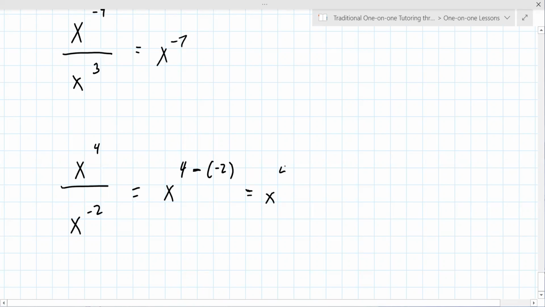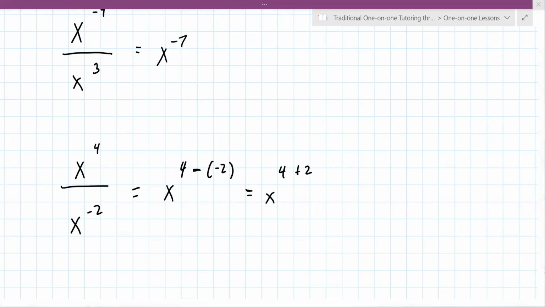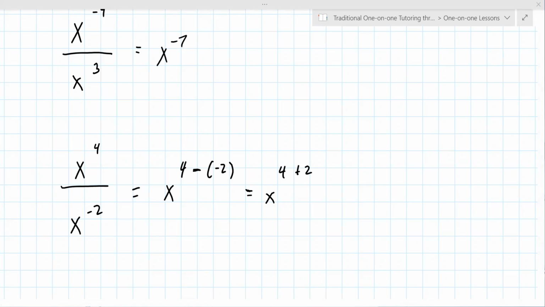This becomes x to the 4 plus 2. Is that okay? Do you follow how two negatives make a positive? So this becomes x to the 6th.